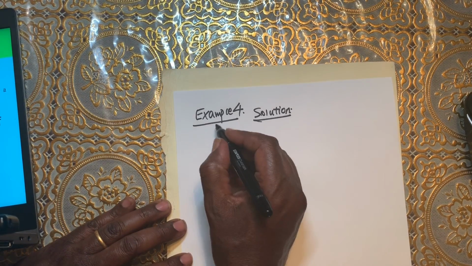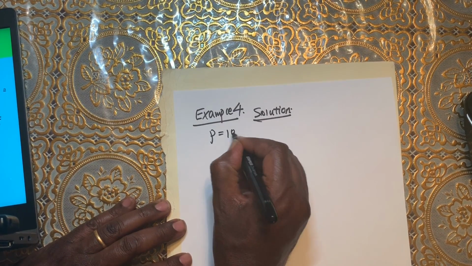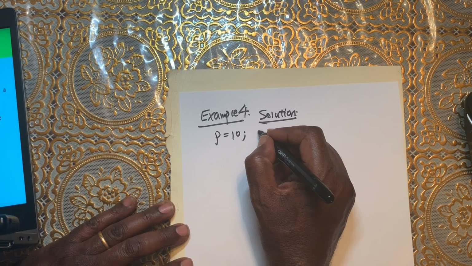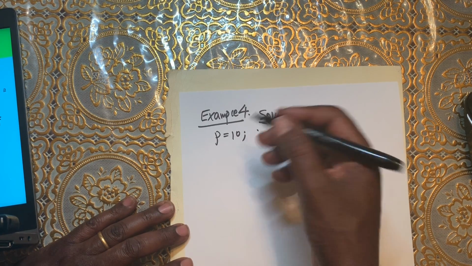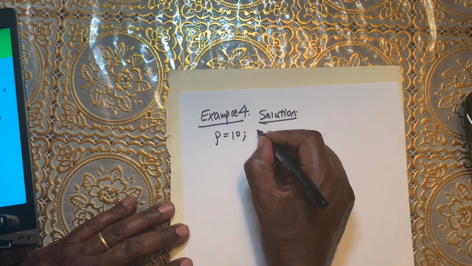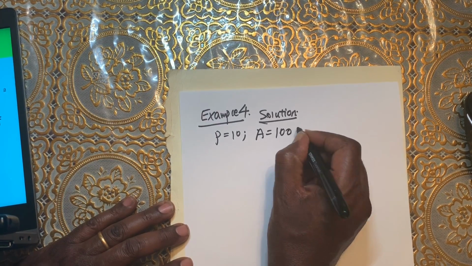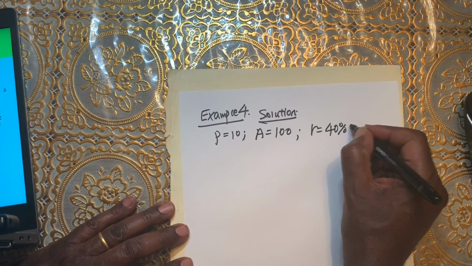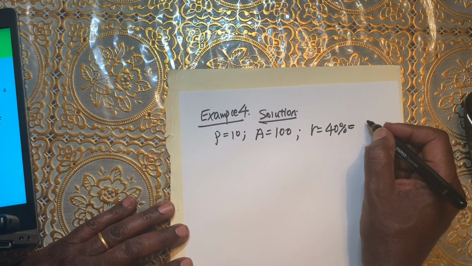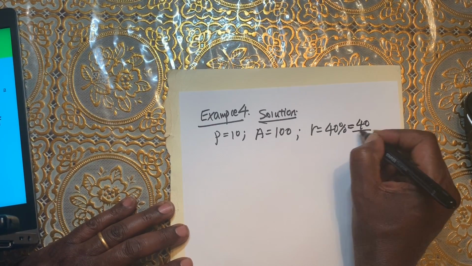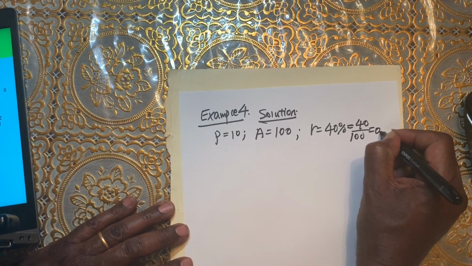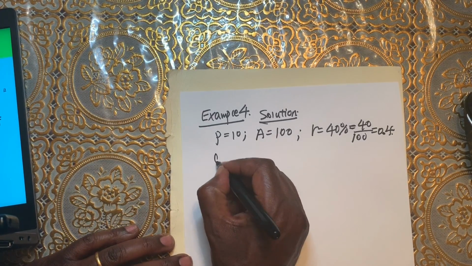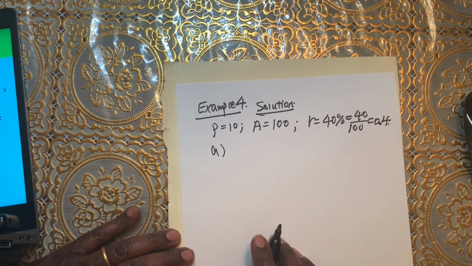First there were only 10 in the park, and we want to write the equation for the final to be 100 with a rate of 40%. 40% is 40 over 100, which is 0.4. So the first part is asking you for the formula.